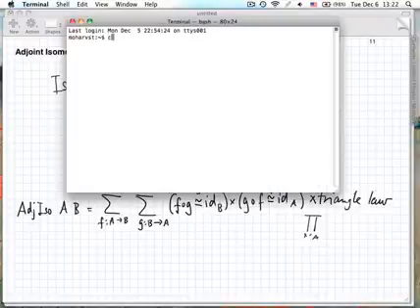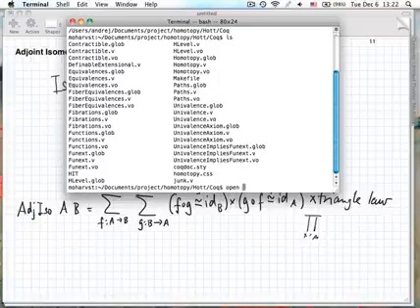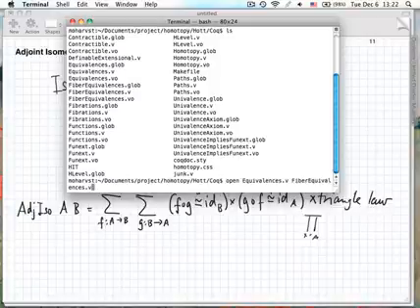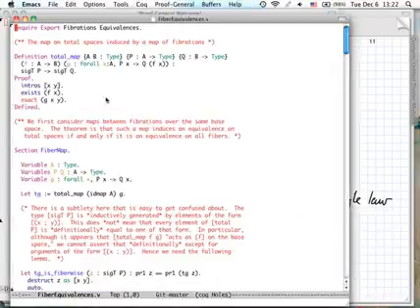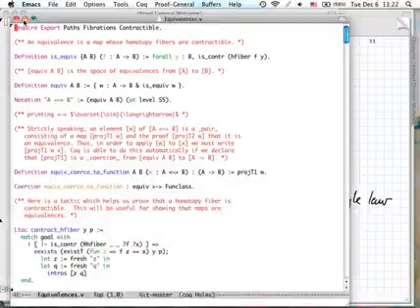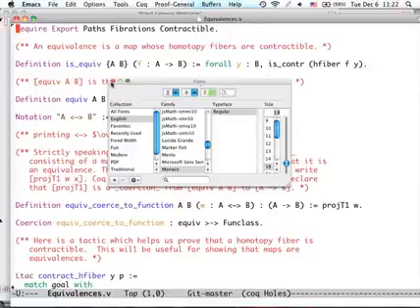So, we go to... Let's have a slightly larger font.